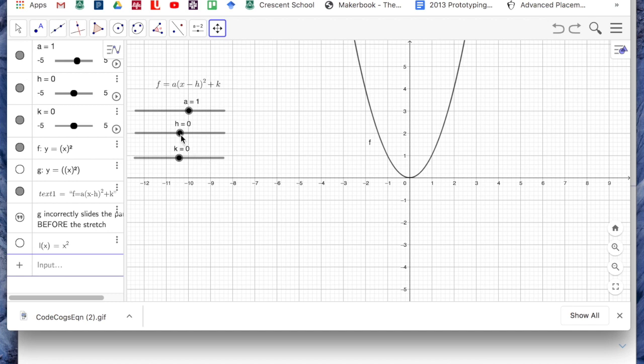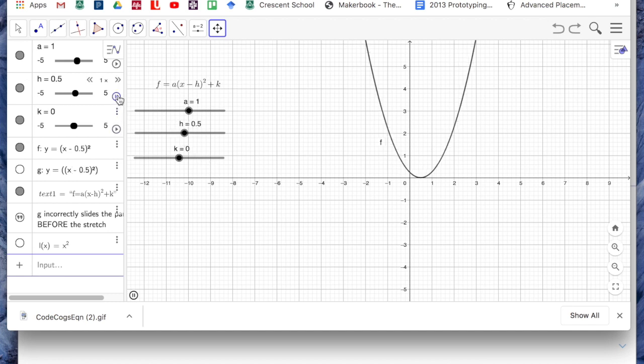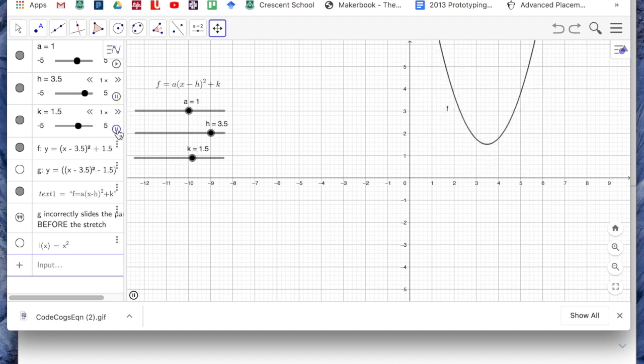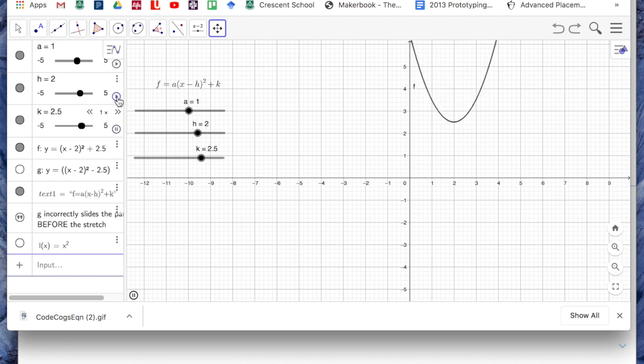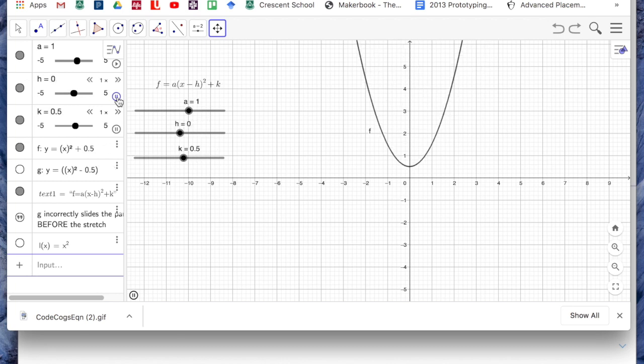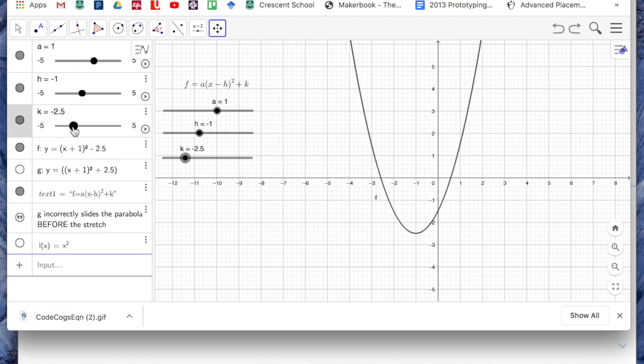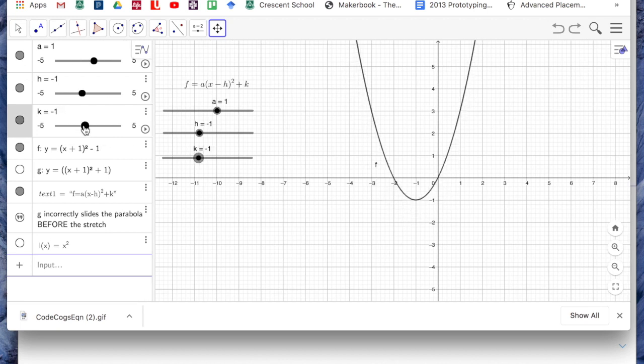We've already looked at h and k. We know that h moves our parabola left and right based on whether it's positive or negative. We know that our k value moves it vertically. We've seen this last time.